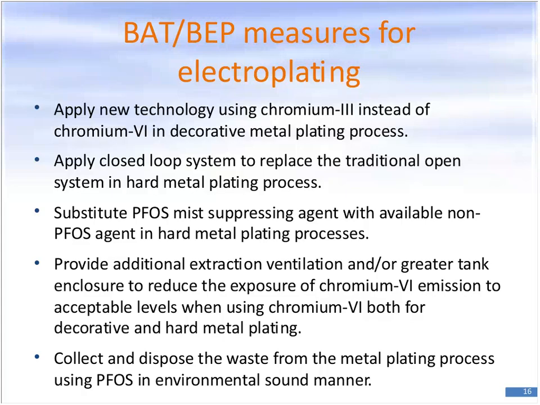One of them relates to changing technology, using chromium 3 instead of chromium 6, applying closed loop systems, for example, substituting PFOS mist suppressing agent with available non-PFOS agents, for example, providing additional ventilation or greater tank enclosure to reduce exposure of chromium 6, and of course, as usual, last but not least, the collection and disposal of the waste from these processes really needs to be done in an environmentally sound manner.